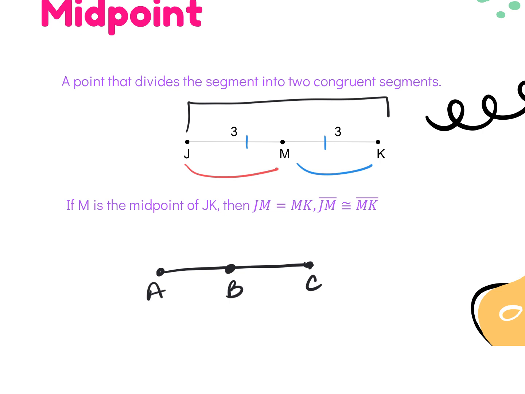The only way that I could tell that B would be the midpoint is they would either need to give me congruency marks or tell me how long the segment is. Maybe I told you that the length of AB was 2 and then the length of BC was 2. Then I could state that B was the midpoint. But without any kind of markings or measurements, I cannot assume that B is the midpoint.